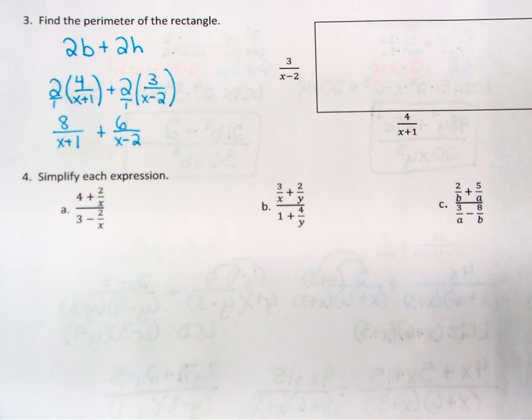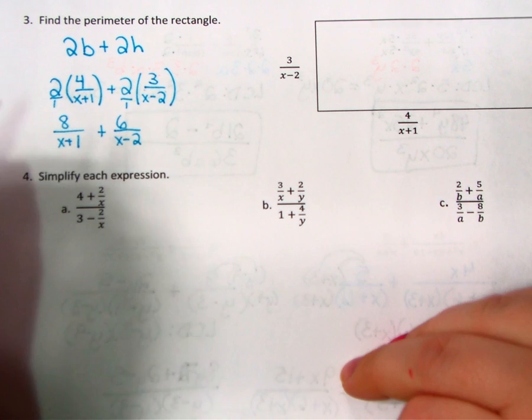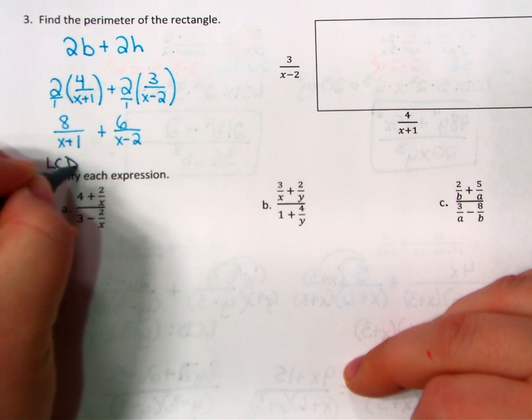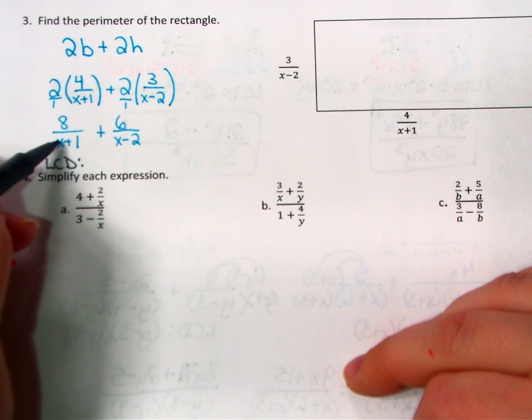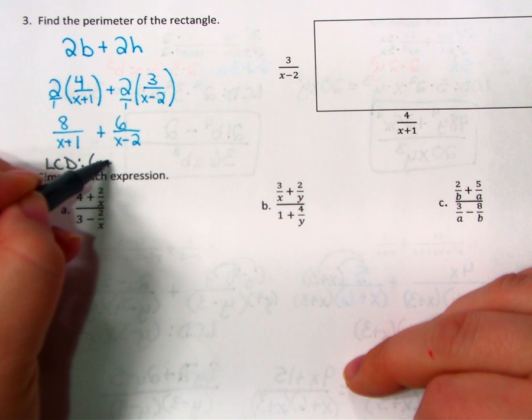First step in finding a common denominator is for us to factor everything, which has already been done for us. So we are just simply looking for our LCD at this point. This one has exactly 1 x plus 1.